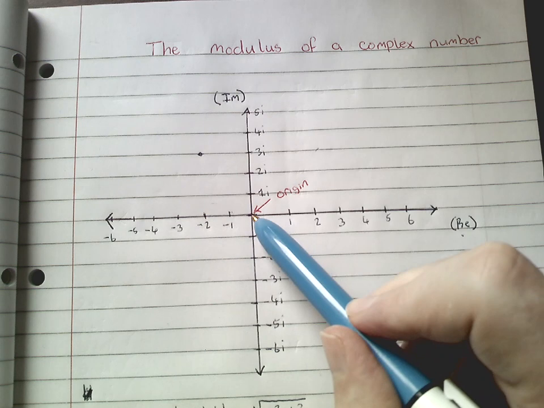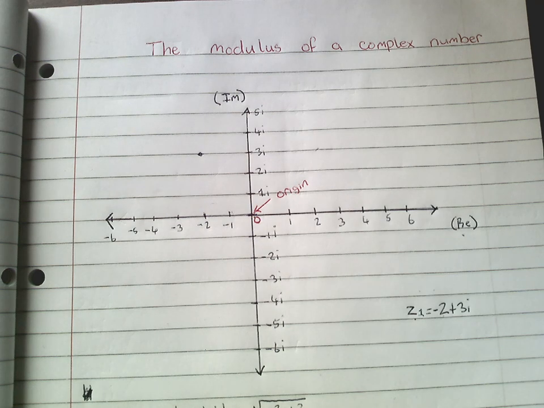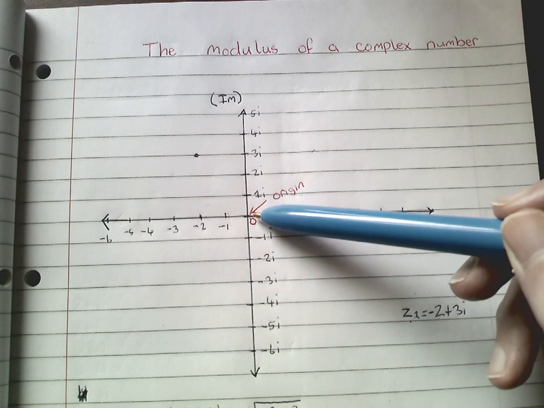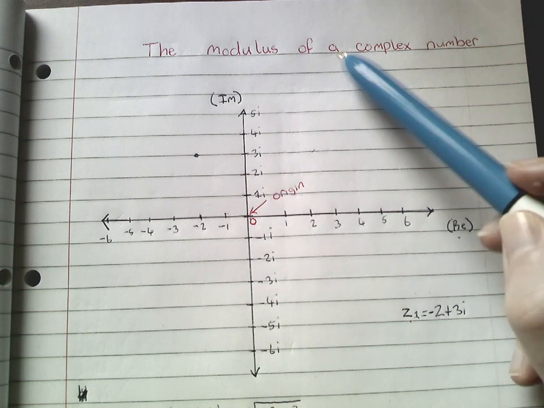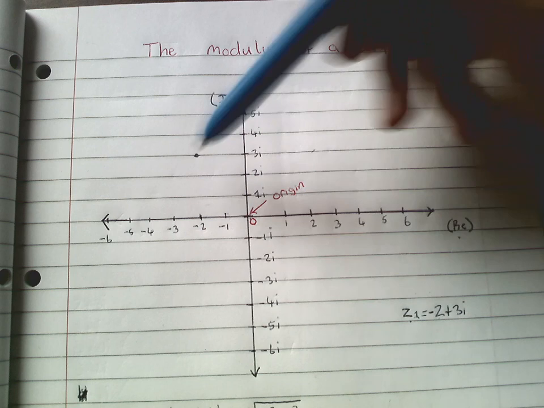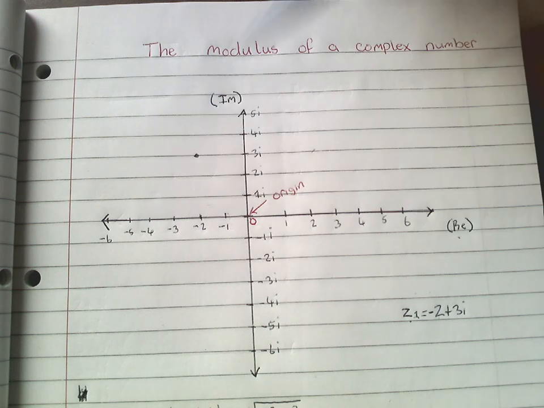So this is the origin. When I want to get the modulus of a complex number, I'm trying to find the distance from the origin to this complex number here.